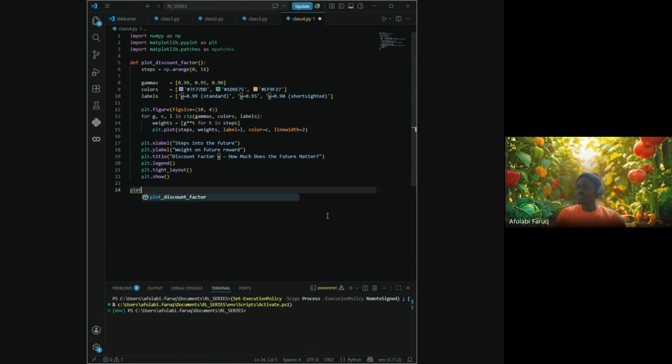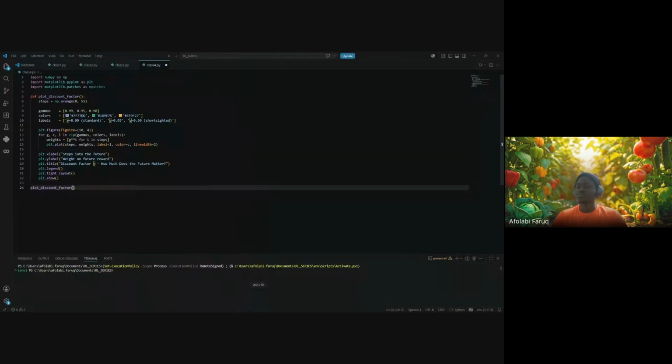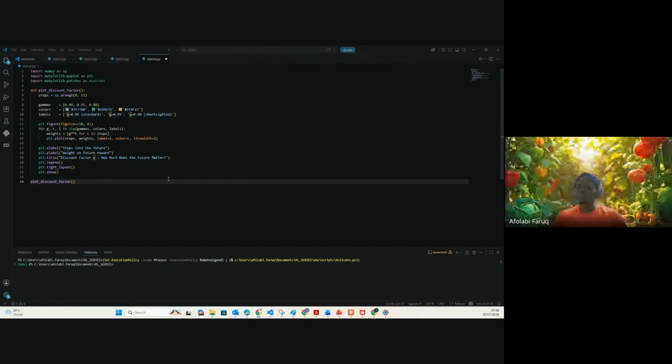So you can plot the discount factor. Let's plot this graph.